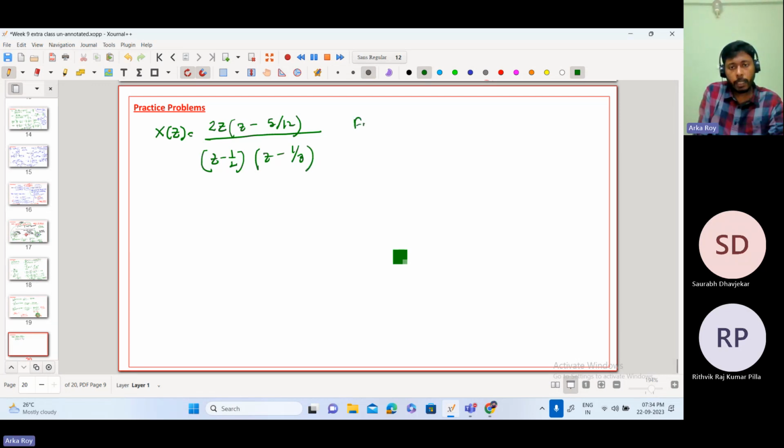So find x, mind this small x. Find small x of 0 and small x of infinite.